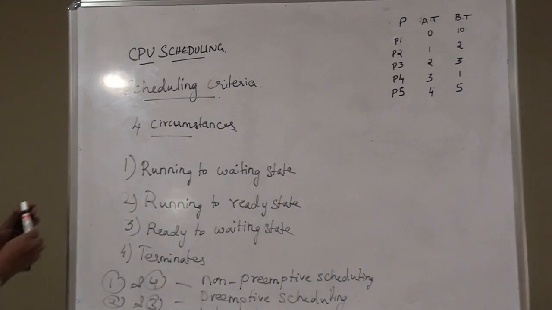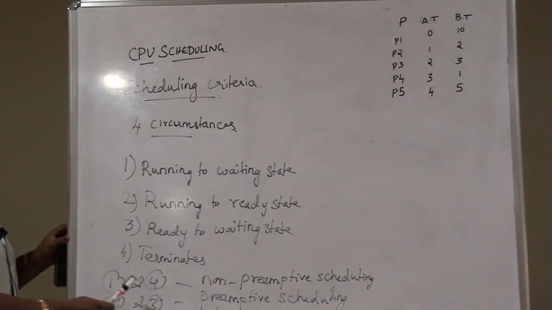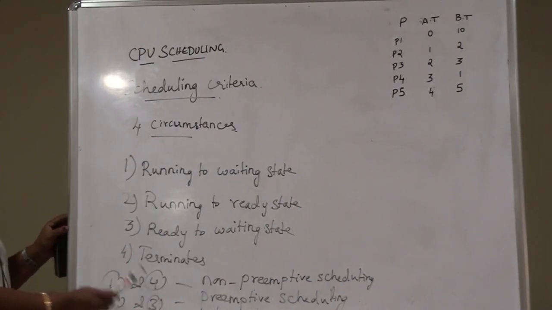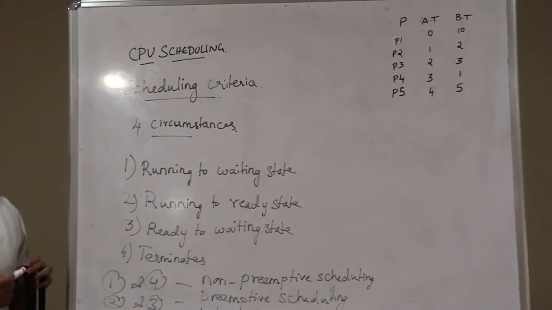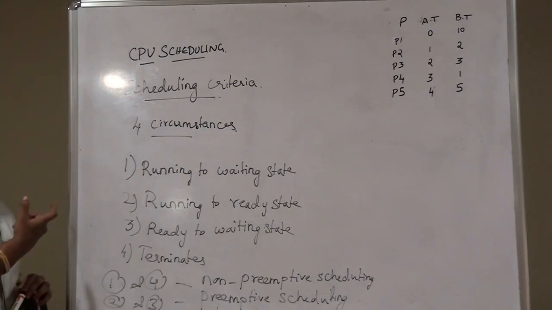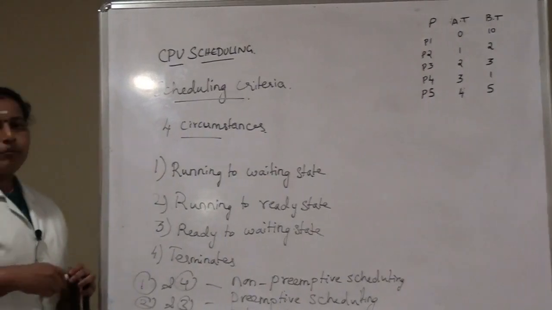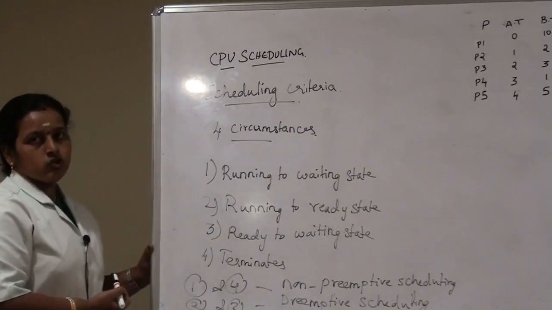So these 4 circumstances are considered. Preemptive scheduling is when any one process may arrive in the intermediate, and its arrival time will be considered. When it preempts the ongoing process, by using the scheduling types, the process is allocated its jobs.